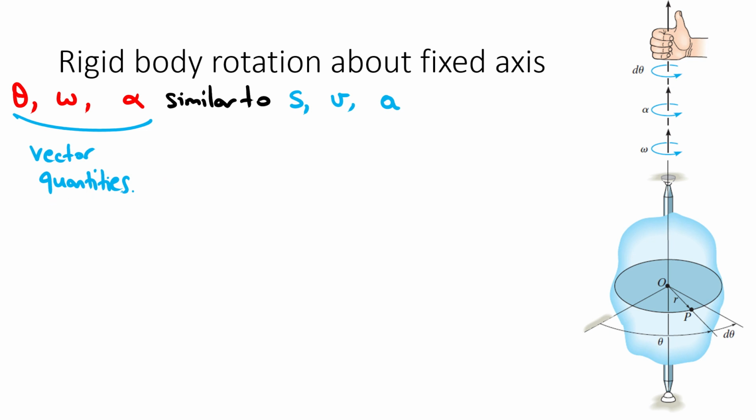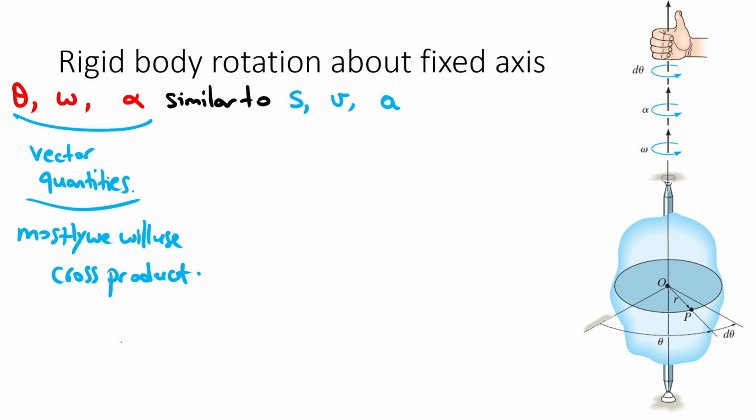And these vector quantities, as you will see, mostly we will use a cross product. Then you have to review the cross product and how we do it. If you have an I component, a J component, a K component, let me show a simple one.